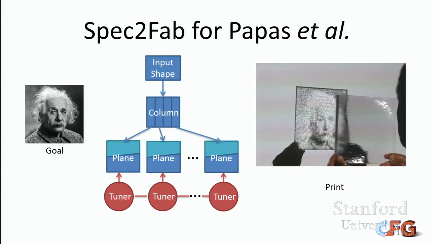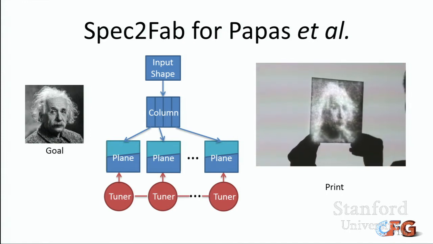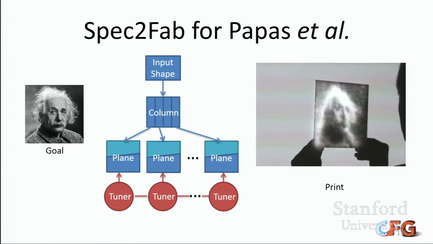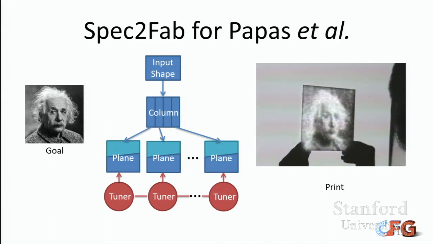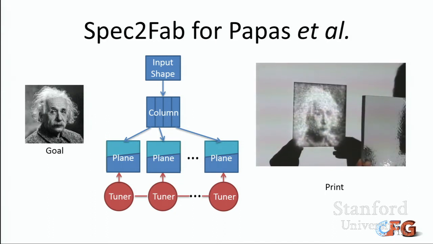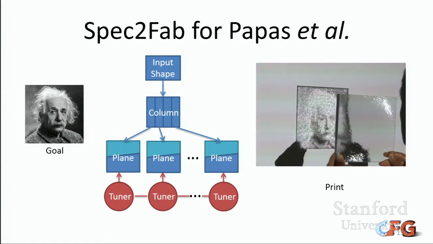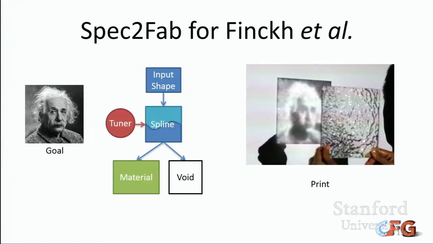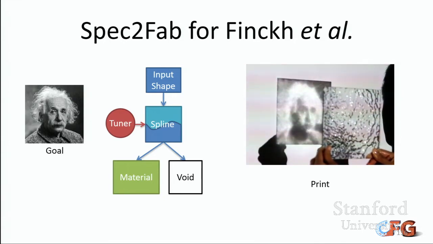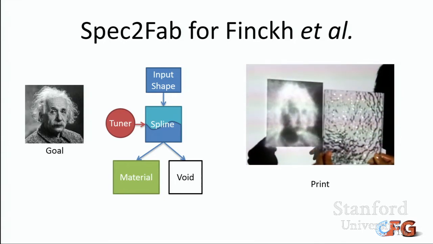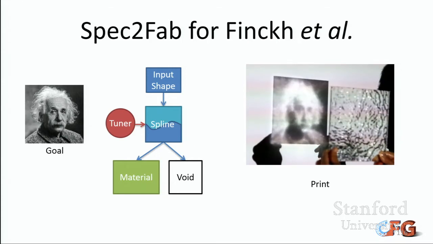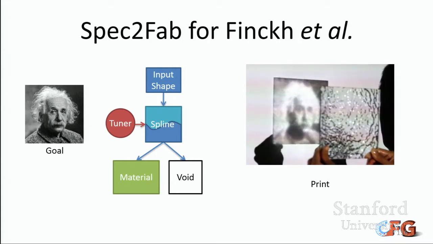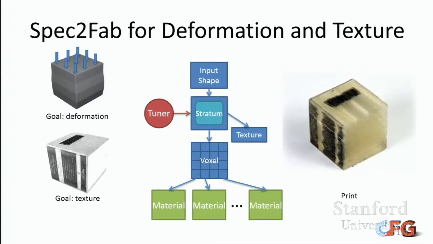And in this case, you have light passing through the lens, and it can actually form a complex image. So one particular algorithm uses this type of tuner network and reducer tree, and we can compare this to another algorithm that achieves a very similar goal with a different reducer tree and tuner network. So it's very useful to compare between different types of algorithms.